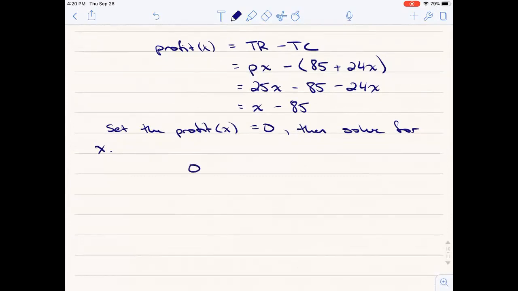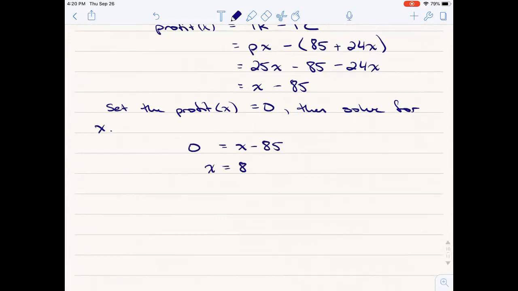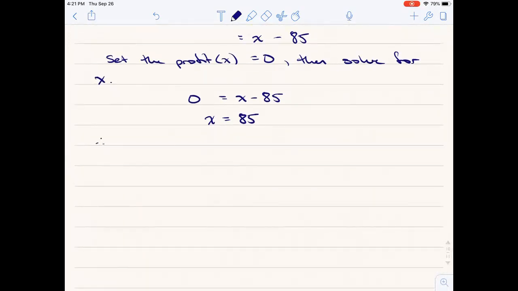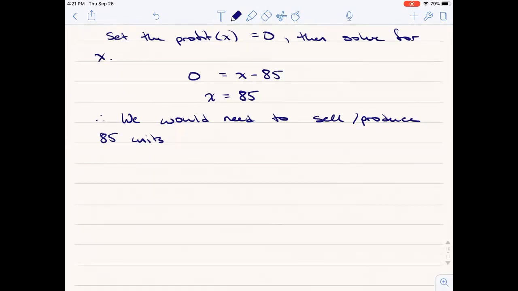So we're setting 0 is X minus 85, so X would be 85. Therefore, we would need to sell or produce 85 units to reach the break-even point.